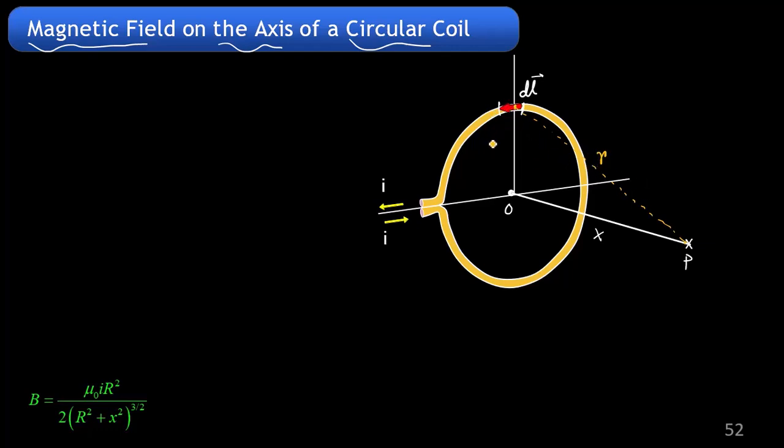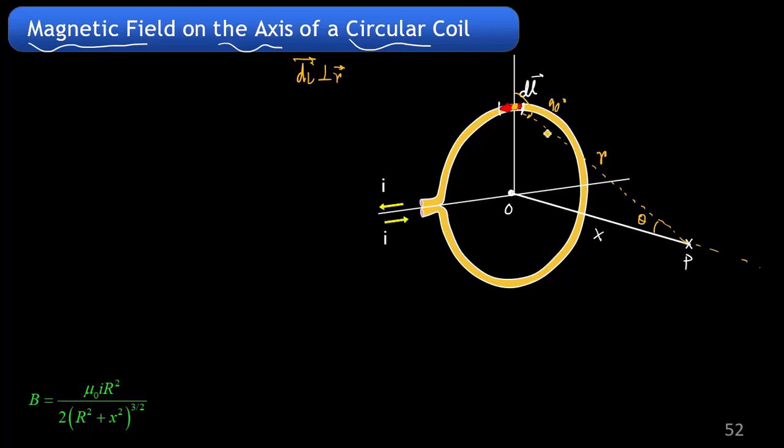Let us say this r is making an angle theta with the x-axis, or the OP axis. So can I say the dl vector is always perpendicular to the r vector? dl is the line drawn on the ring itself, and from this point I am drawing another line, so this angle is always 90 degrees.